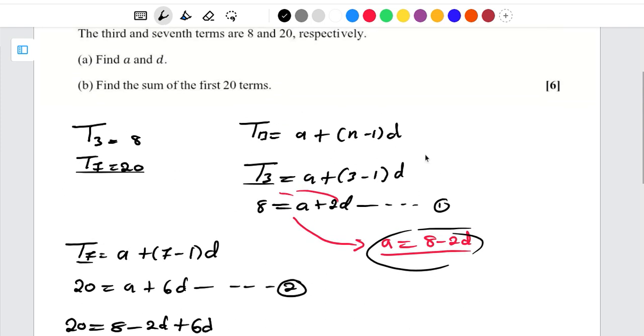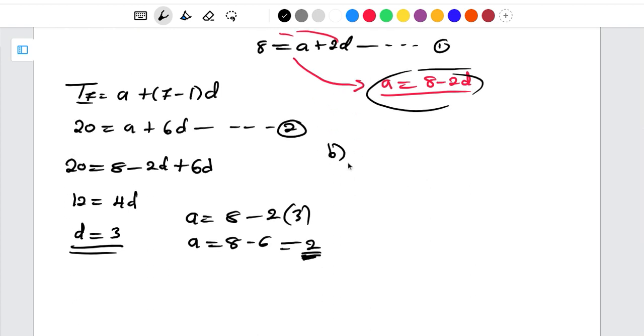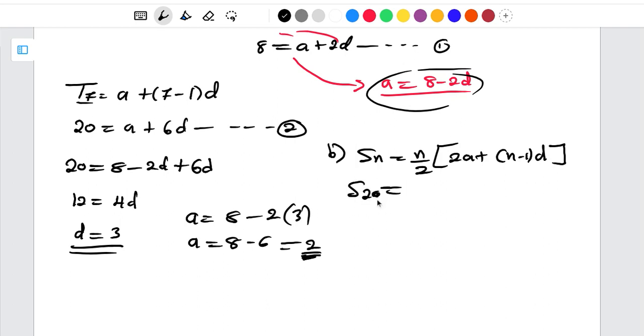Answering the last question, where we have to find the sum of the first 20 terms, we have to know the formula. The sum of the nth term is going to be equal to n divided by 2, then open square bracket 2a plus (n minus 1) multiplied by the common difference. So n here is going to be 20 because the question is asking us to find the sum of the 20 terms.